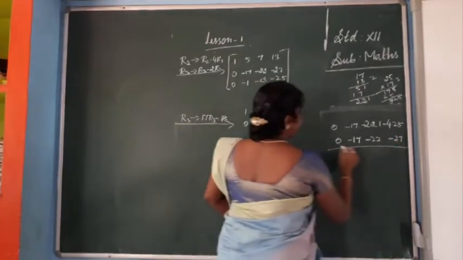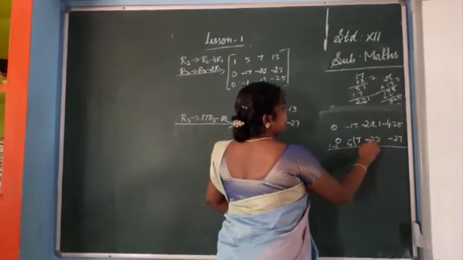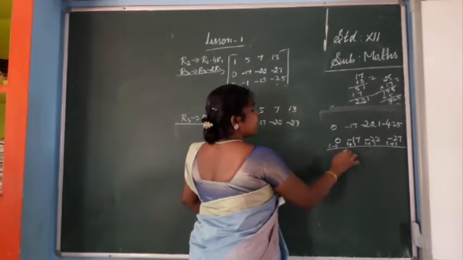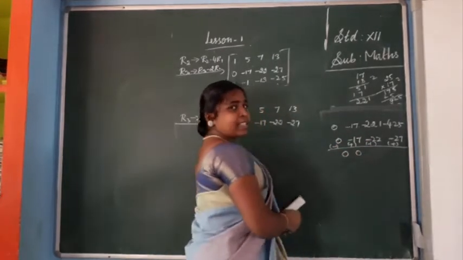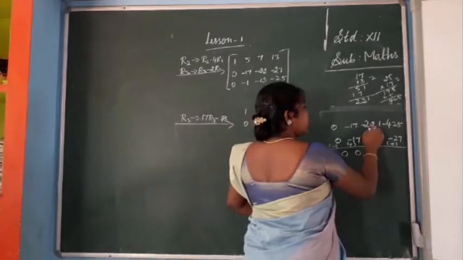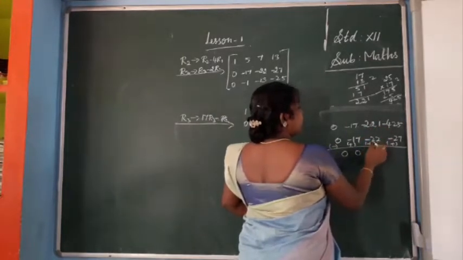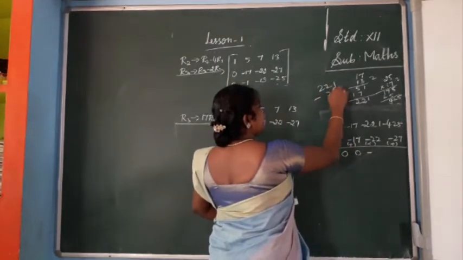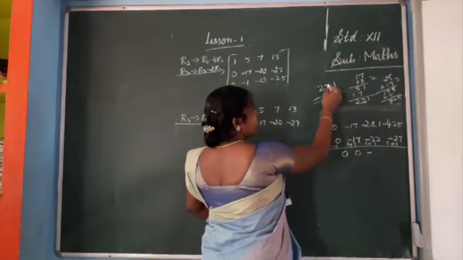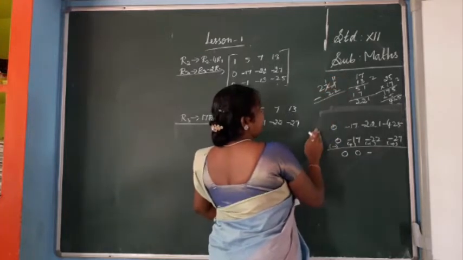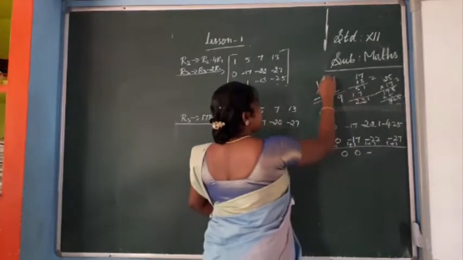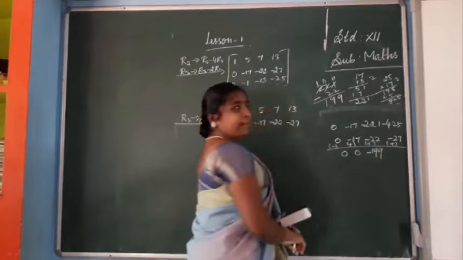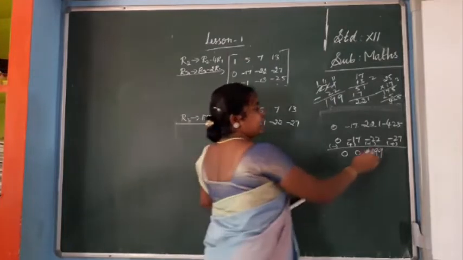We can subtract: minus becomes plus, plus changes into minus, minus changes into plus. 0 minus 0 is 0, minus 17 plus 17 is 0, minus 221 plus 22, greater is minus, so minus 199. You can do these three subtractions with mental calculation. Here also 11 minus 2 is 9, 1, 199.